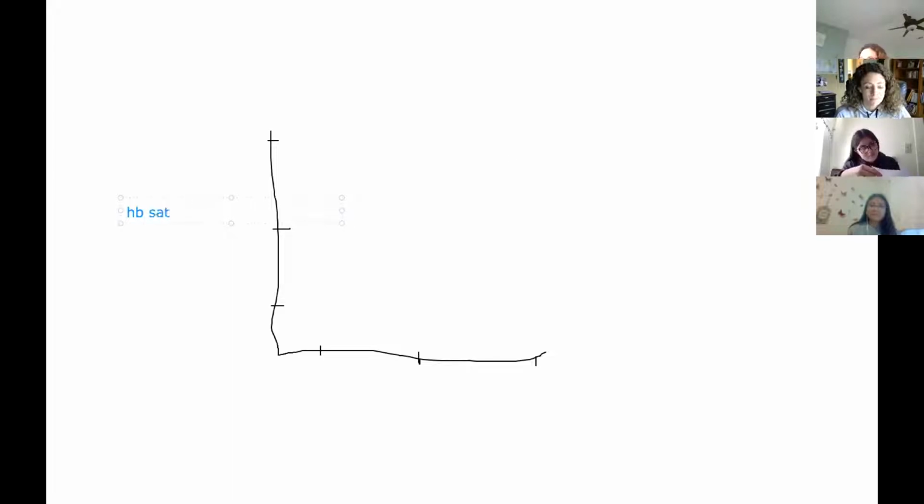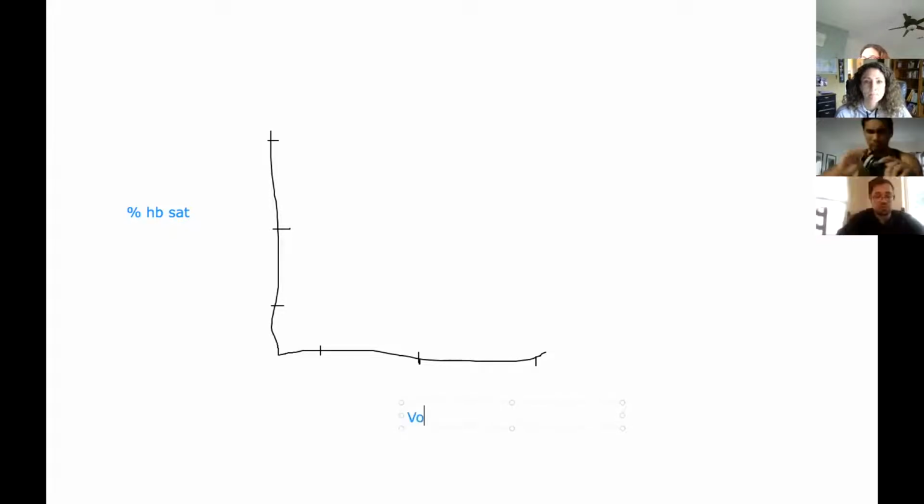Hemoglobin saturation? Yeah, it should be percent hemoglobin saturation. Oh, yeah, percent, thank you. Now I actually forgot what goes on the bottom. I remember what the graph looks like, but. Somebody help him, what goes on the x-axis? Partial pressure of oxygen. PO2, partial pressure of oxygen. Right. PO2.